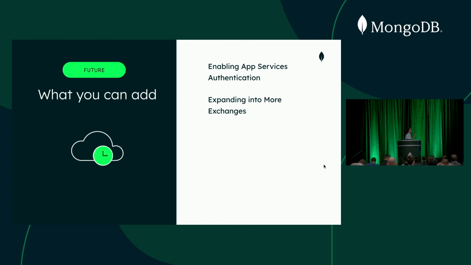You can expand this application to more exchanges. I have only 2 cryptocurrency exchanges. You can also add the stock market. I am planning to add this. I have some access to some exchanges.